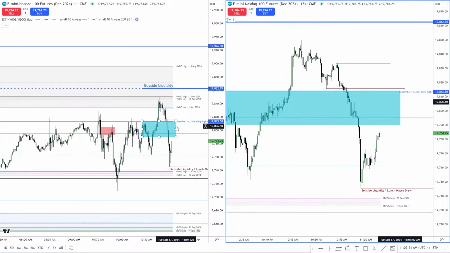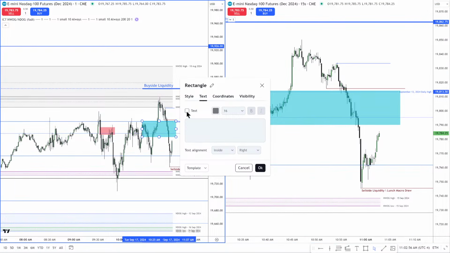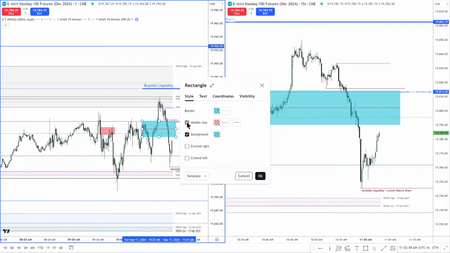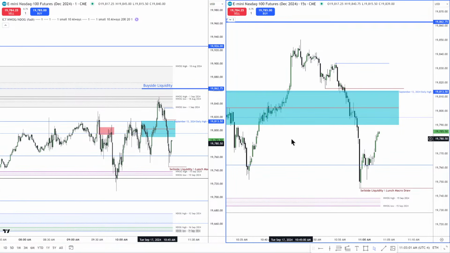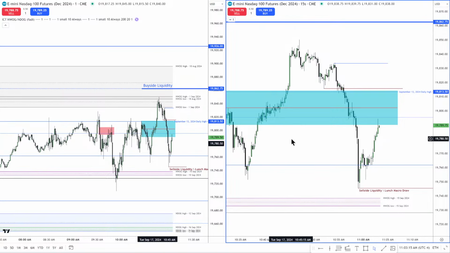So as long as we're below half of this range, I wouldn't be interested in anything long. So what I'm saying is I'm looking for some reason for the market to fail to get above the midpoint.